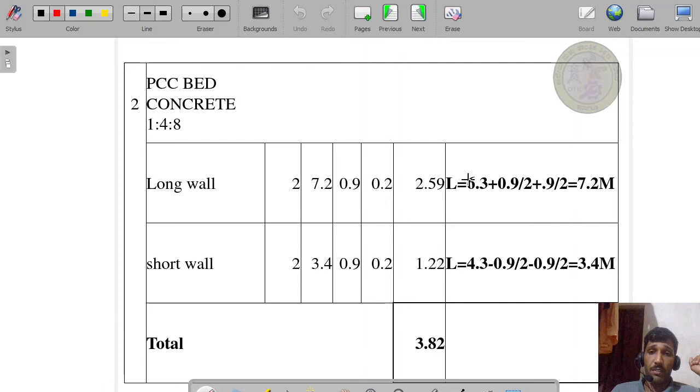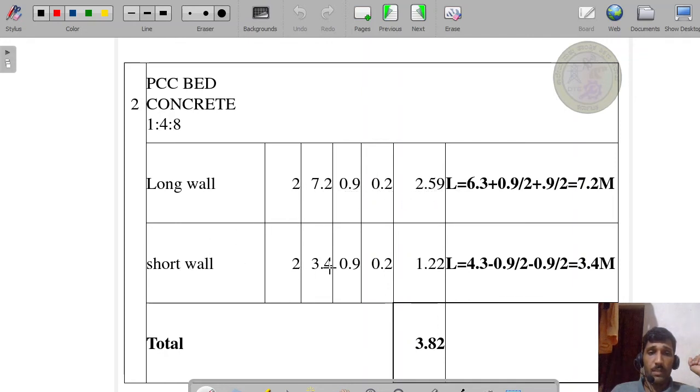Center to center length of the wall, that is 6.3 meter, plus half of the breadth, 0.9 by 2, plus 0.9 by 2, then 7.2, breadth 0.9, depth 0.2, because PCC bed thickness is 0.2. By multiplying all this, you can get 2.59 meter cube.